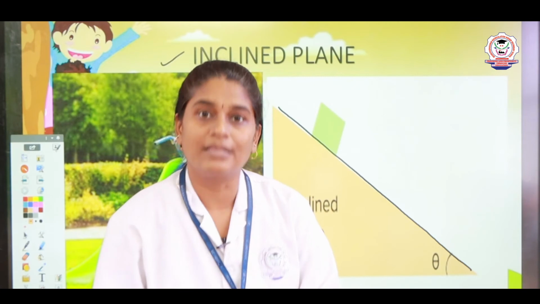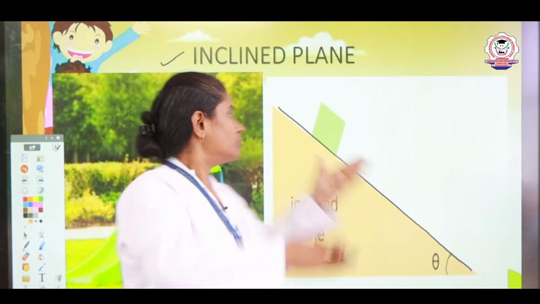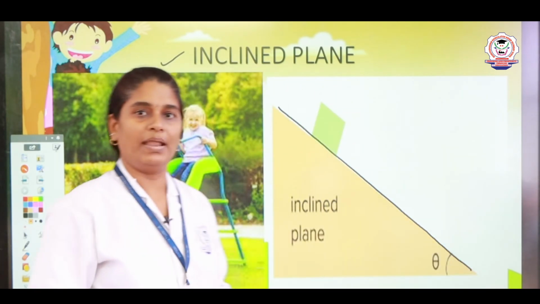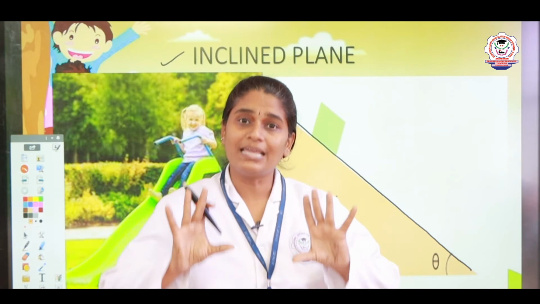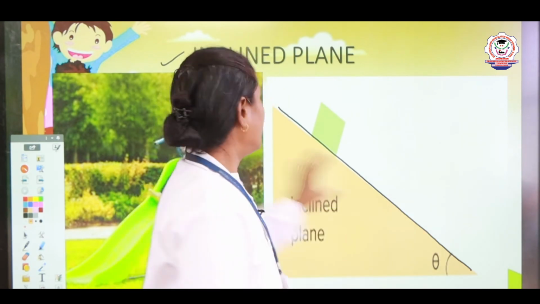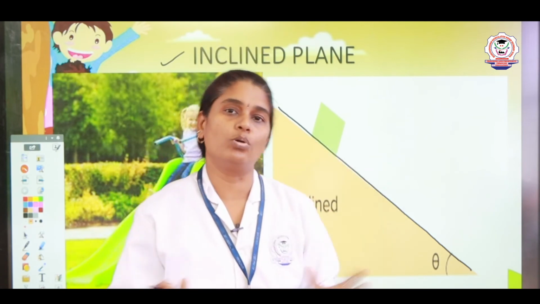There on the truck, they will use a slide like structure. Using this inclined plane, we can easily push the heavy objects onto the truck, right. So, this inclined plane helps to move very heavy loads of objects, right.